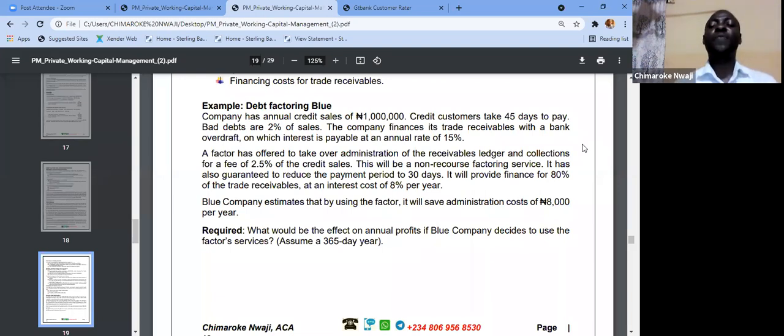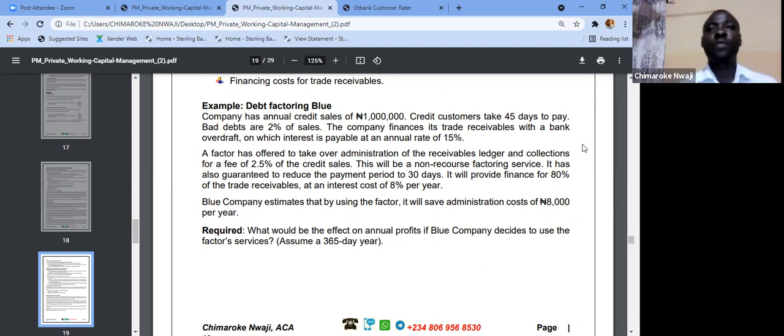It will also provide finance for 80% of the trade receivables. So you see here, they are going to give you upfront 80% of your 1 million naira at an interest cost of 8% per year. Blue company estimates that by using the debt factor, it will save administration cost of 8,000 naira per year.